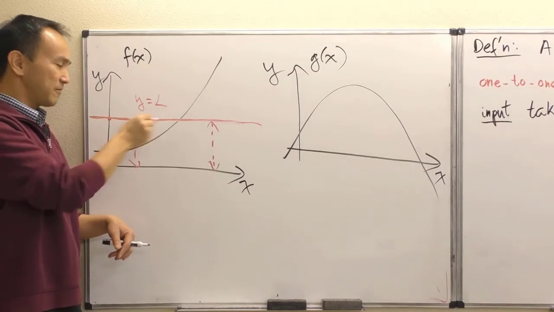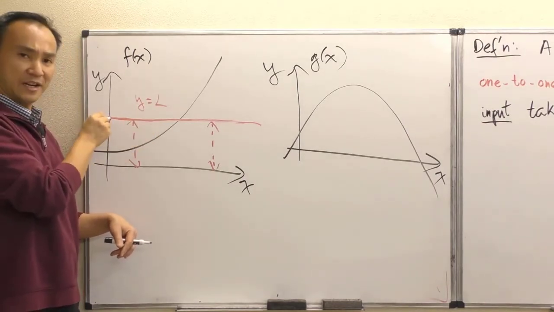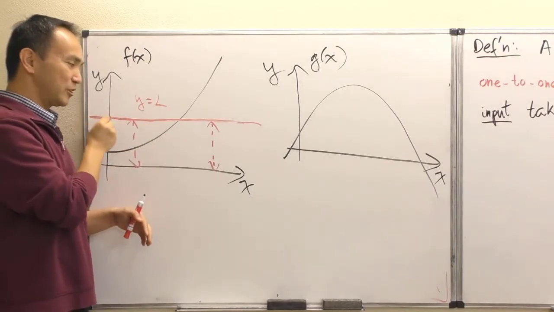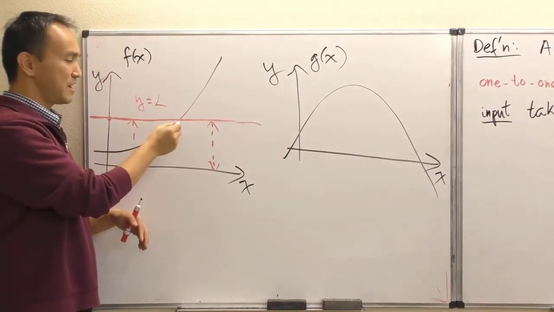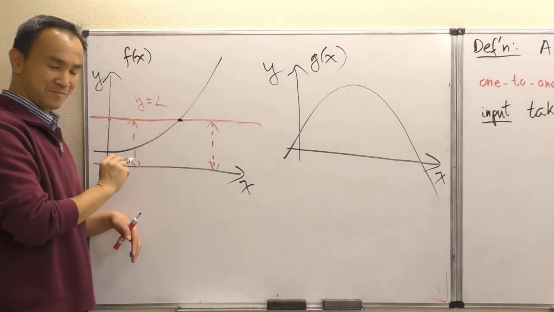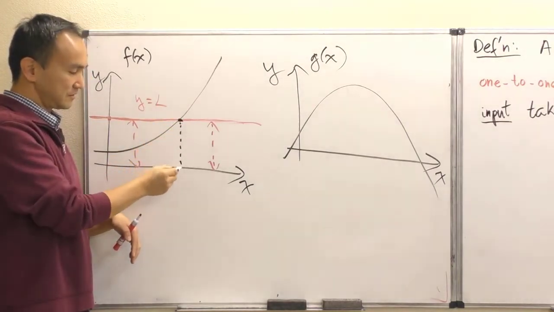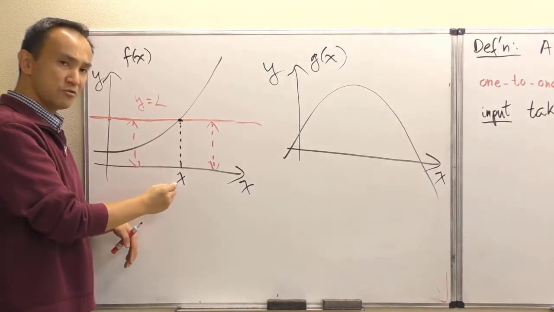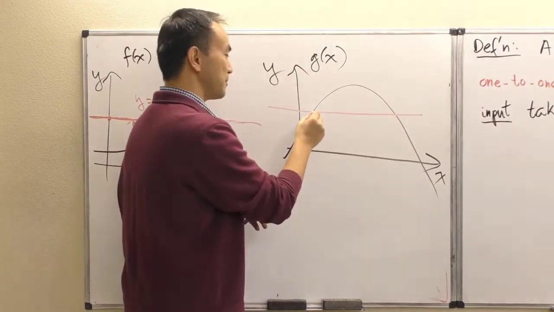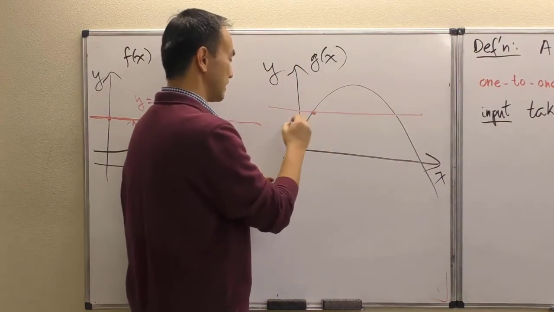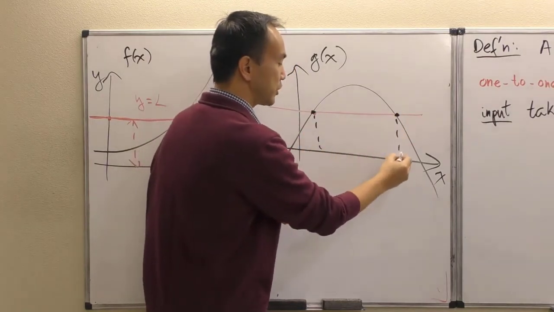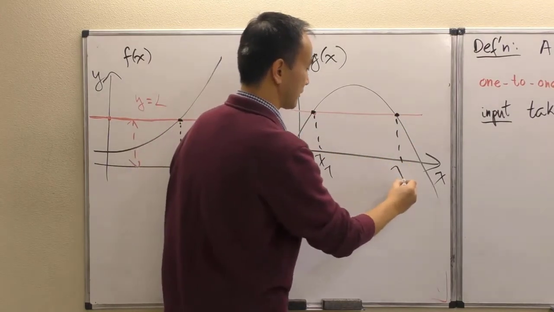So for this output being L, for example, do we have one input? So now I'm going to draw a horizontal line and search: when that horizontal line crosses my graph, is that at only one x value? Or when I draw a horizontal line and where it crosses my graph, were there two inputs?